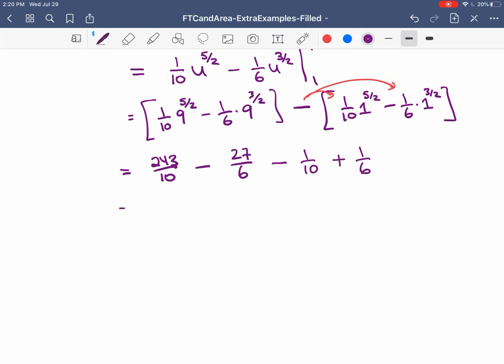So now I just want to put these together. So this is going to be 242 over 10 minus 26 over 6.